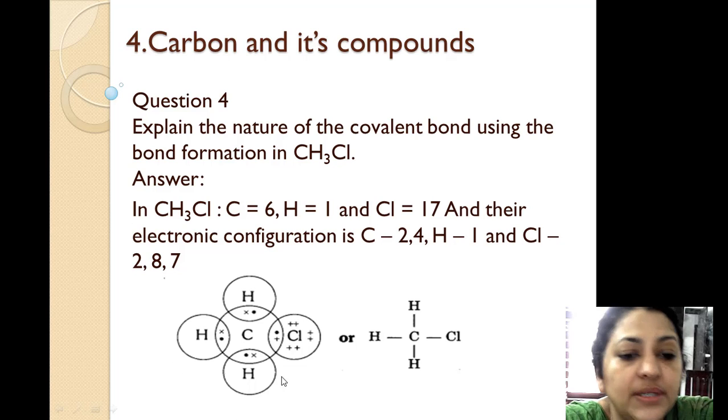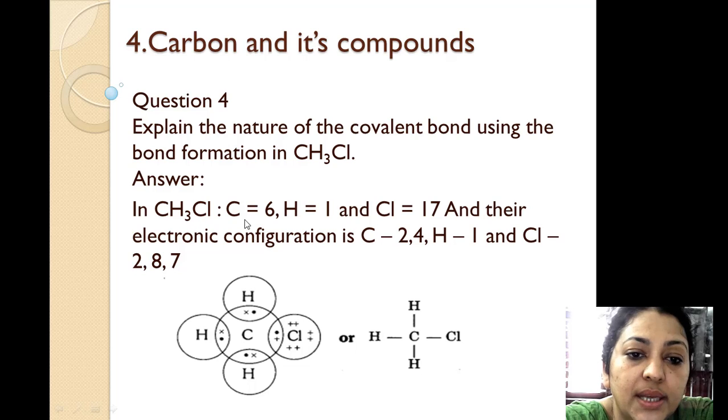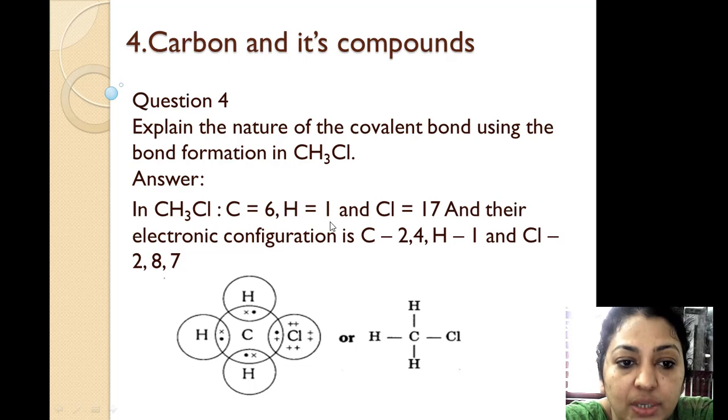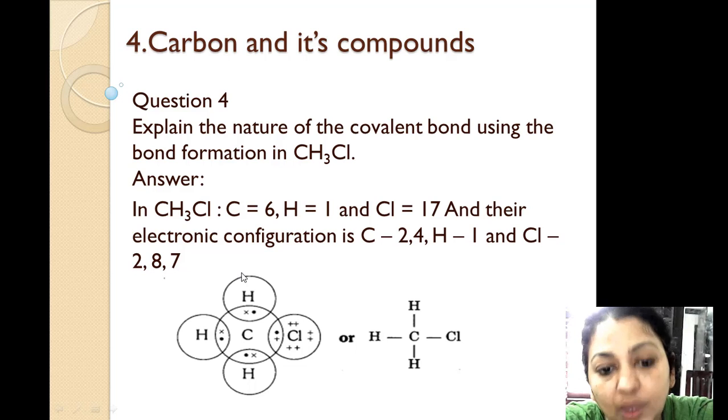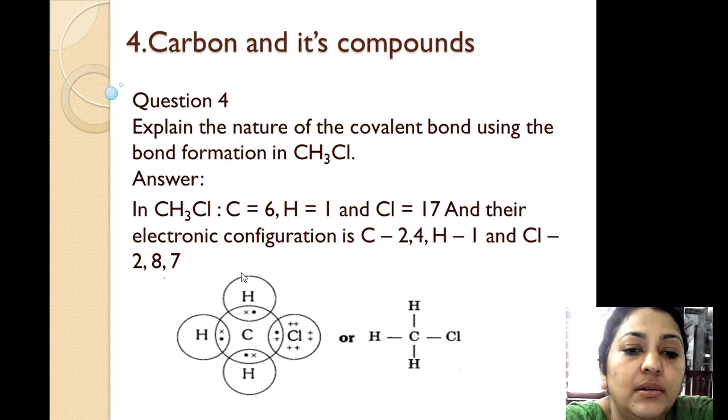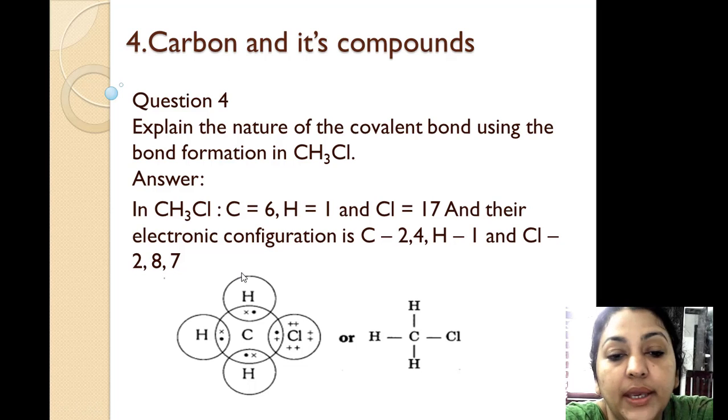Now, we are simply explaining about all the atoms. We know that in CH3Cl, carbon has atomic number 6, hydrogen 1, chlorine 17. And the electronic configuration: carbon 2,4, hydrogen 1 and chlorine 2,8,7. Now we are discussing how they bond depending upon the electronic configuration.